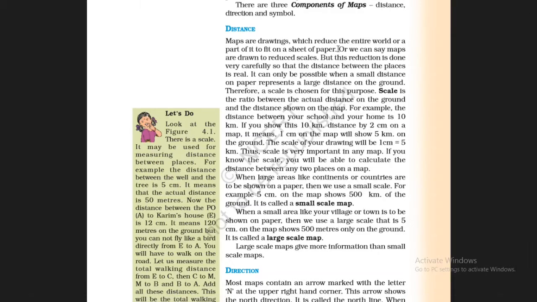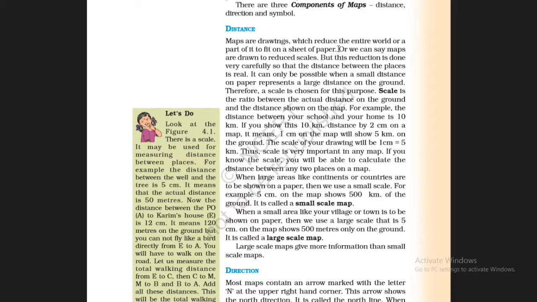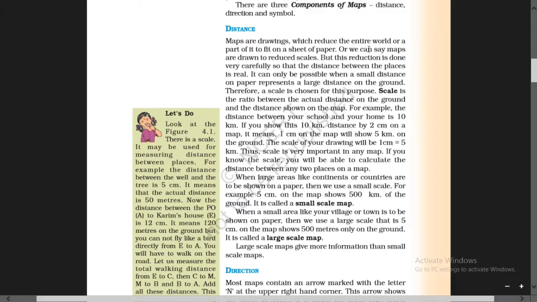Its size is made smaller in order to show the entire world or a part of it which is fit on a sheet of paper. Or we can say maps are drawn to reduced scales.